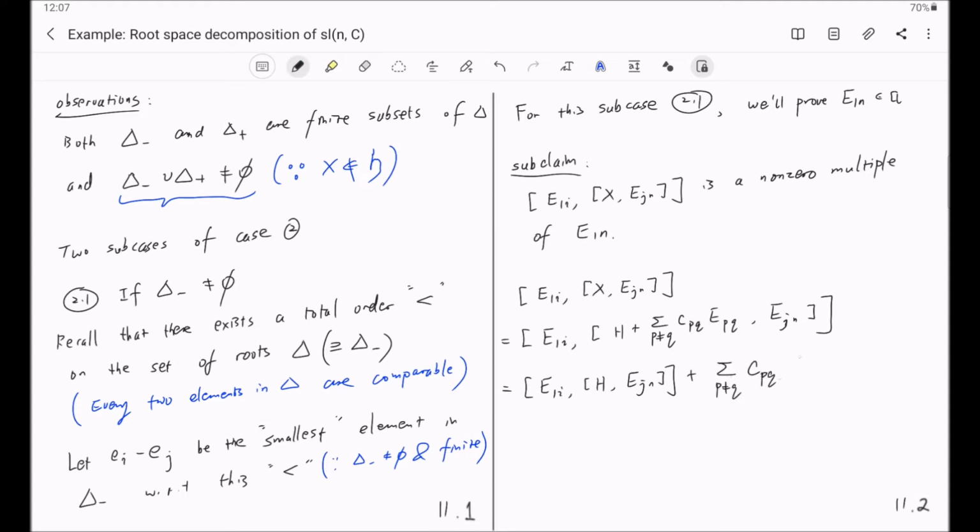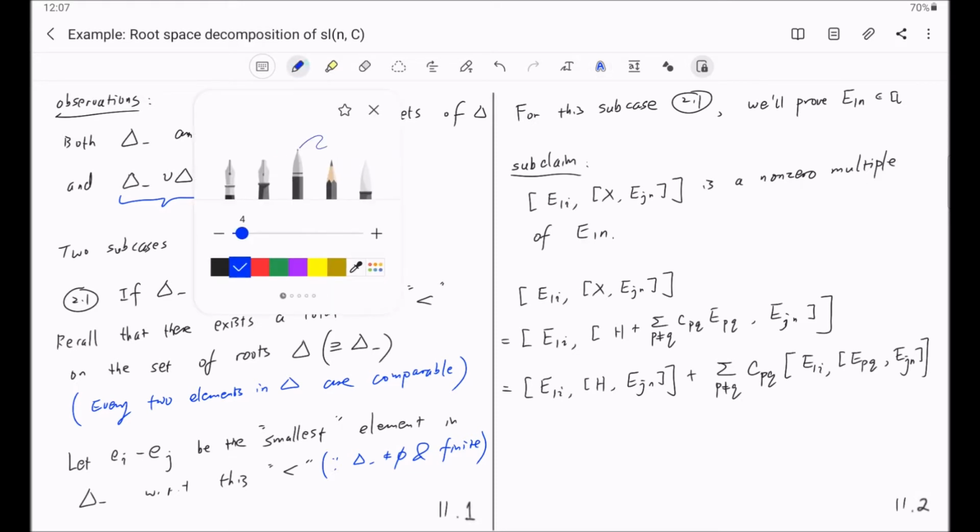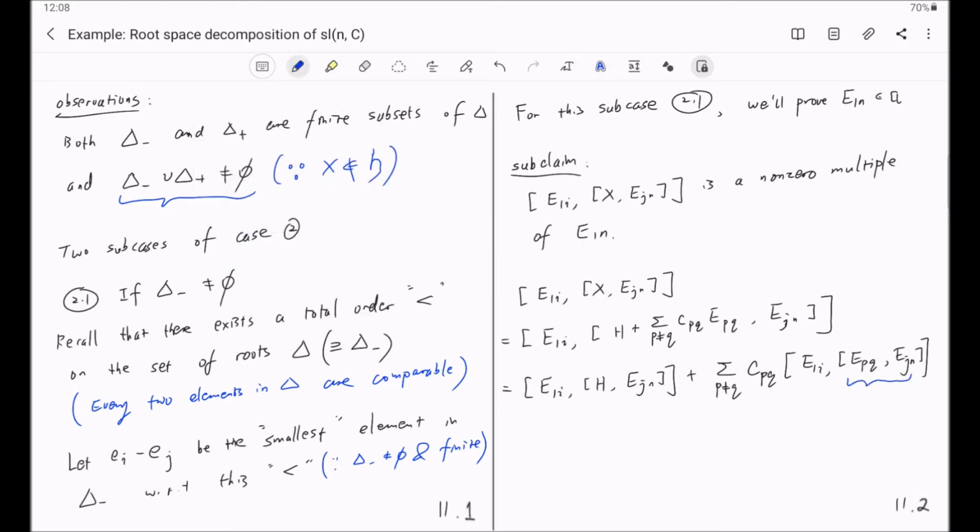The sum of C sub pq times this iterated Lie bracket. And the next thing we do is that we are going to explicitly write out this Lie bracket using its definition.